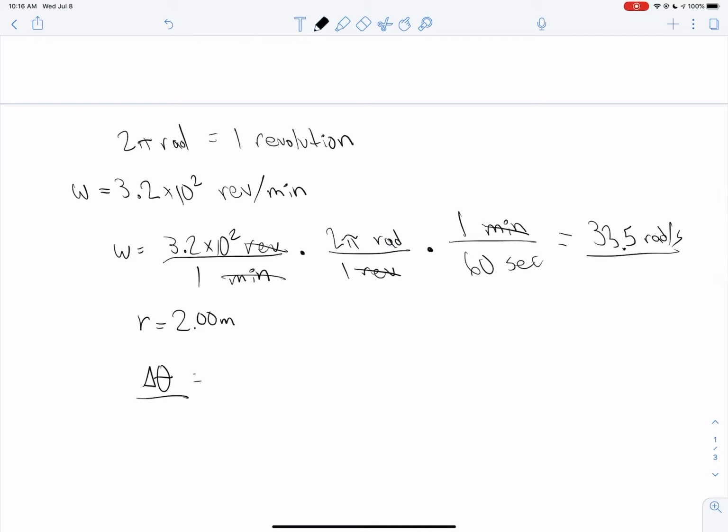So when we rearrange the equation, the angular displacement is equal to omega times time.